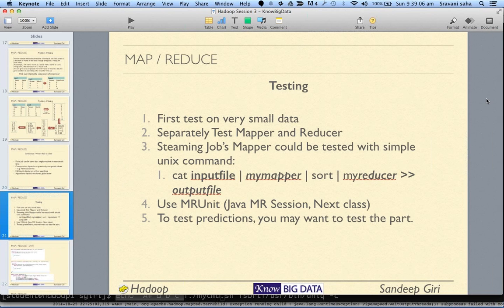Based on this, we had to give the recommendation saying this user ID will like this particular product, and the chances of him liking this particular product is this much. So the input and output format was exactly the same: user ID, product ID, and then rating. The strength of the recommendation.